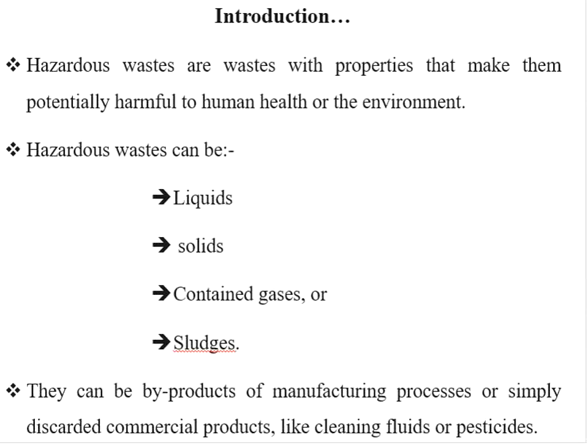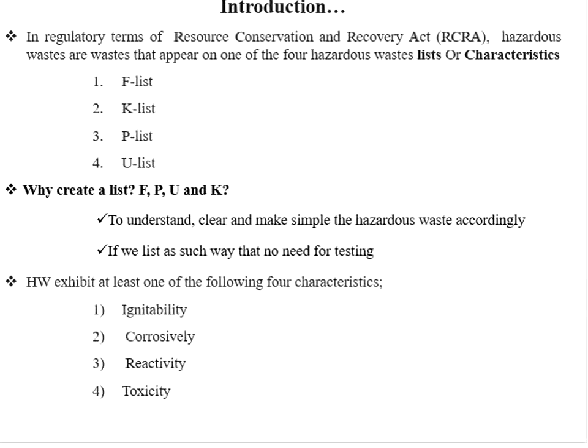So hazardous wastes have properties that make them a potential threat to human health or environmental health. Hazardous waste can be liquid, solid, contained gases, or sludge. They can be byproducts of manufacturing processes or simply discarded chemical products like cleaning fluids or pesticides.